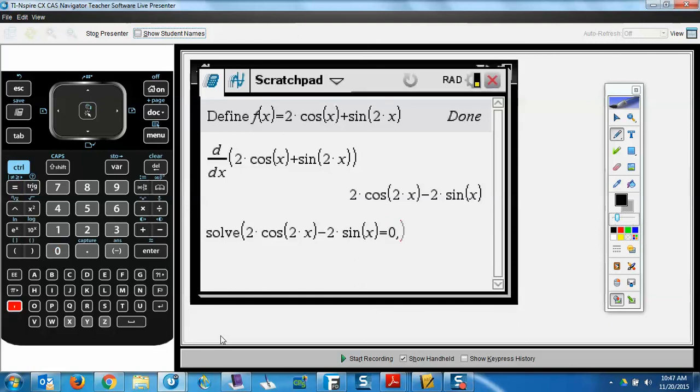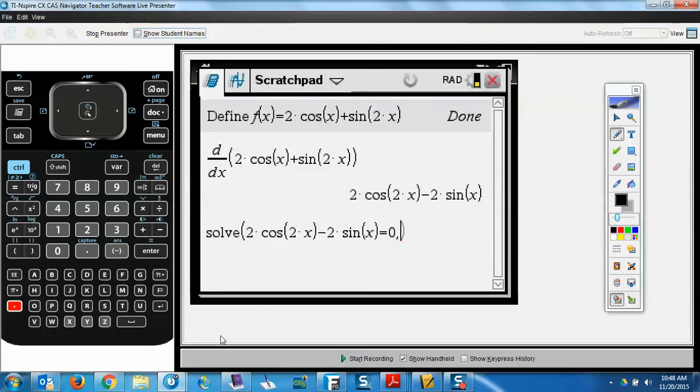Oh, by the way, notice what he did here. Since I defined it, I would have just done f of x, right? In the parentheses, I'd have done derivative and then just f of x. But whatever, it doesn't matter. It's okay to do it.